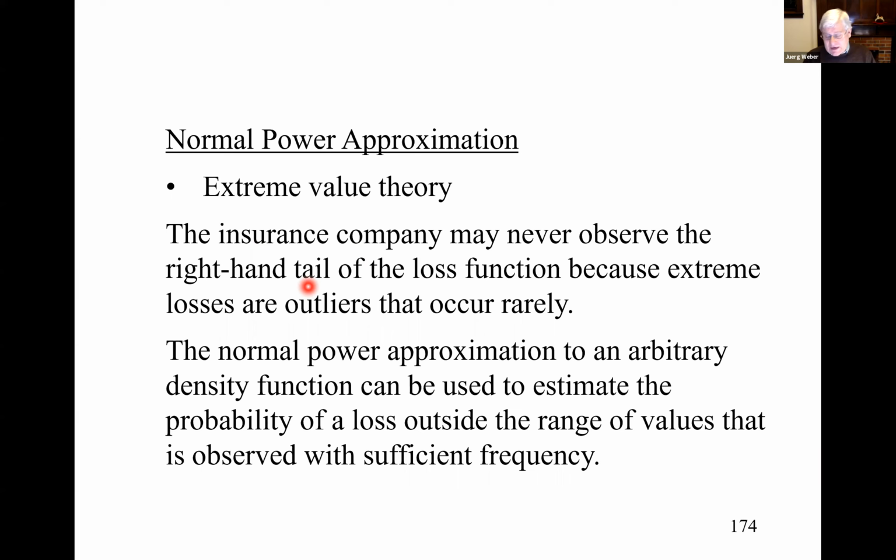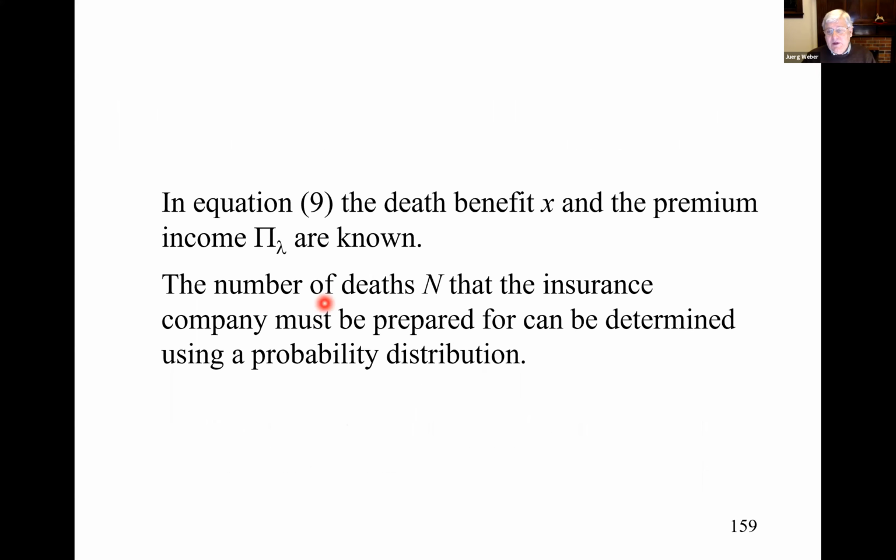So we worry about the probability of ruin here in insurance. And the unfortunate thing is those tails basically we don't know, because you almost never observe them. The events happen very, very rarely, maybe every 100 years. So maybe you can approximate the tail, but it's not without problems.